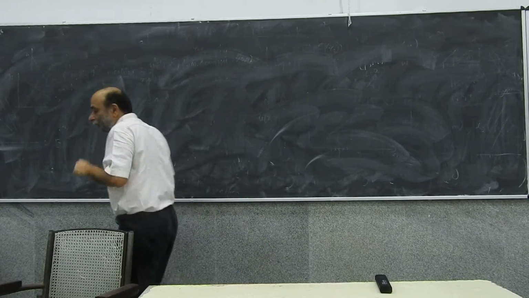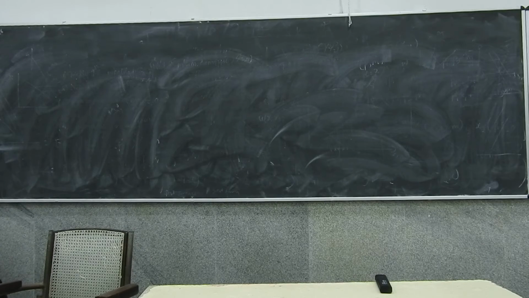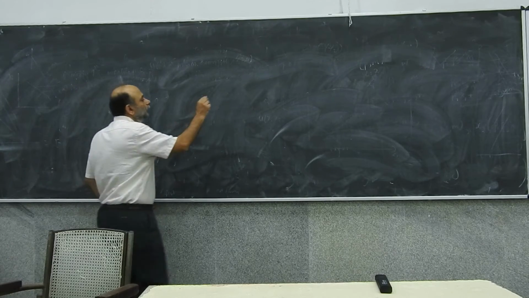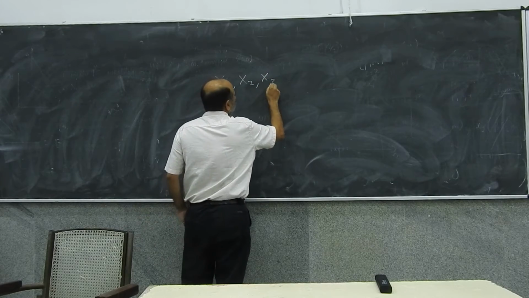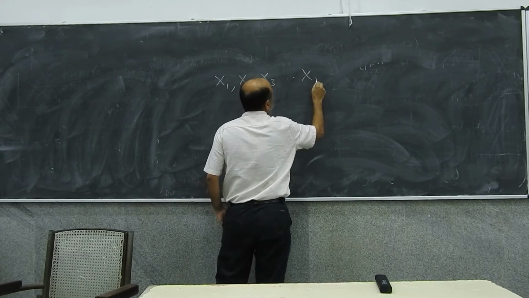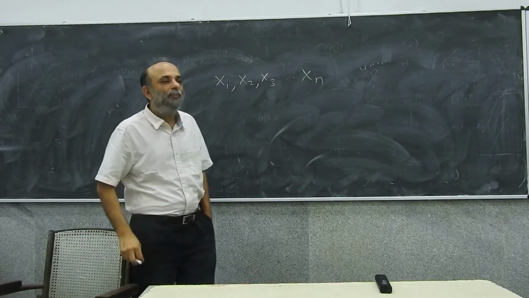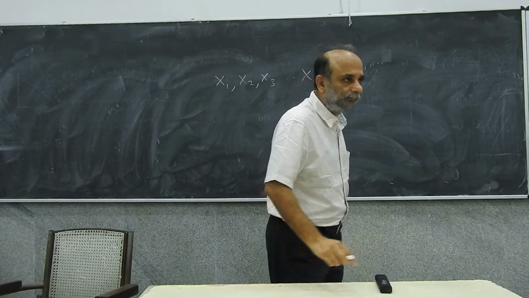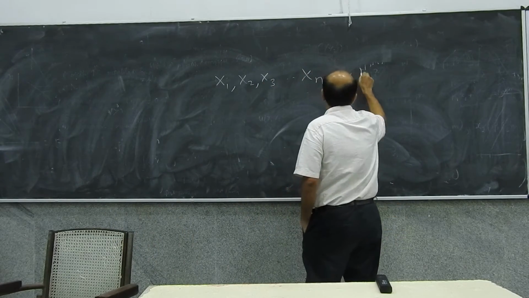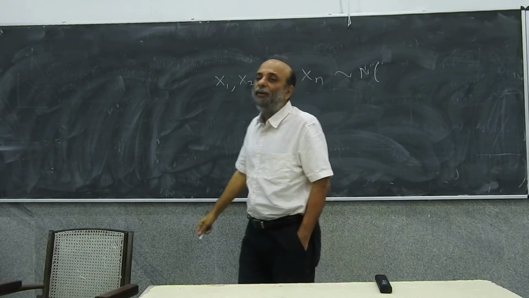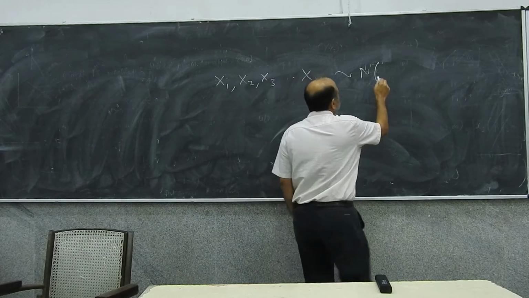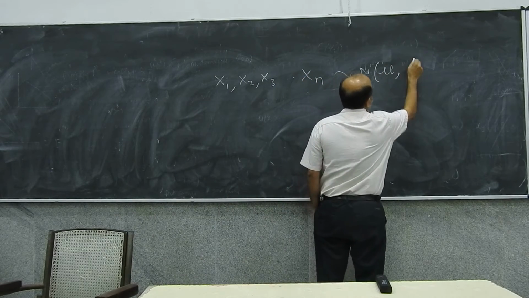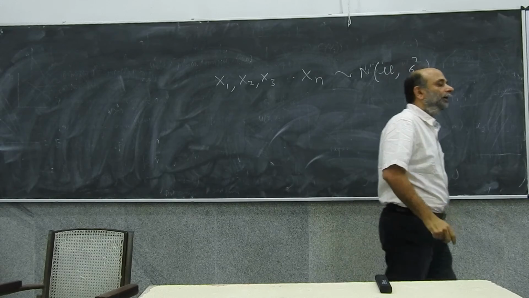So now, if you remember, what we were saying yesterday was, these are N observations on X. This is coming from a normal population. Yeah, so what does this mean?